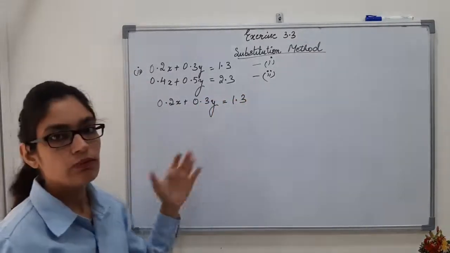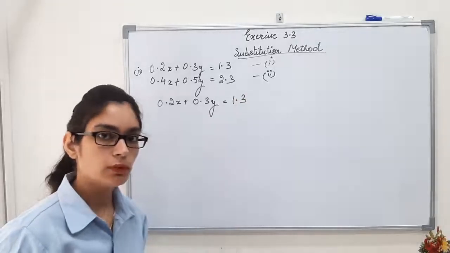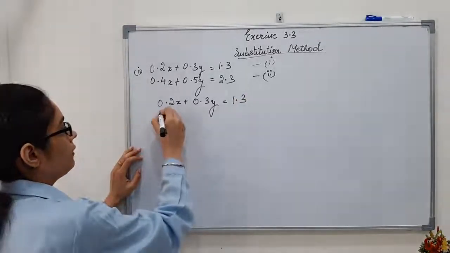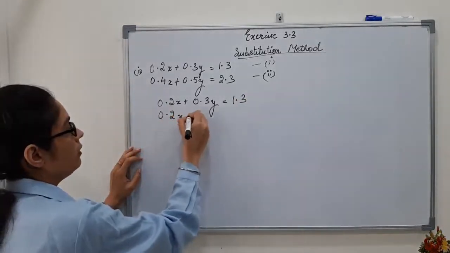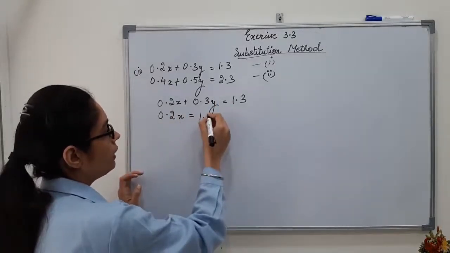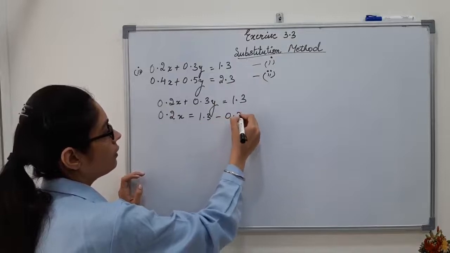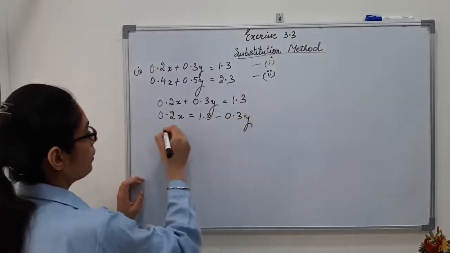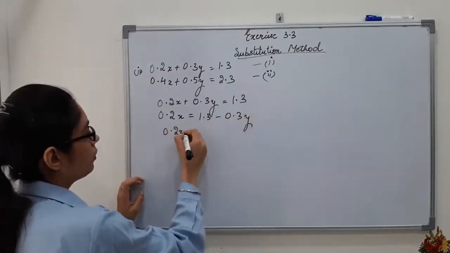Again, I will find the value of x in terms of y. Write the x part on this side and shift everything to the other side. 1.3 minus 0.3y over 0.2.